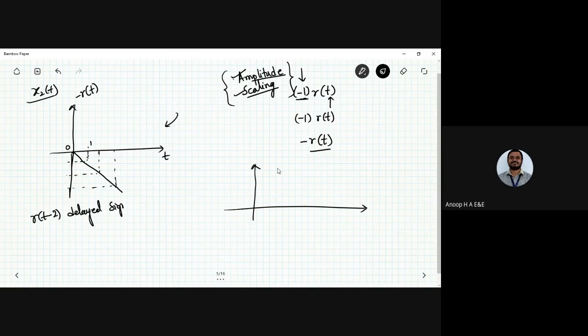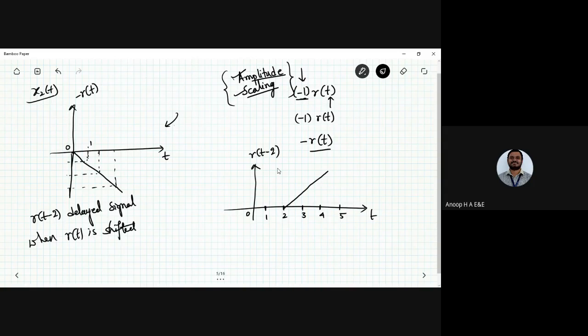When r of t is shifted towards the right, it starts from here. So this would be the signal for r of t minus 2.